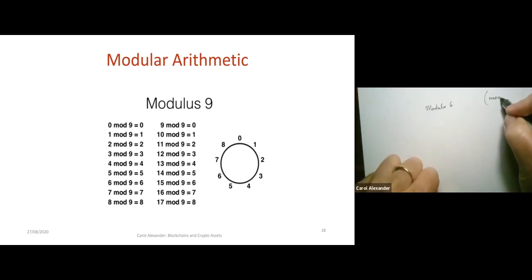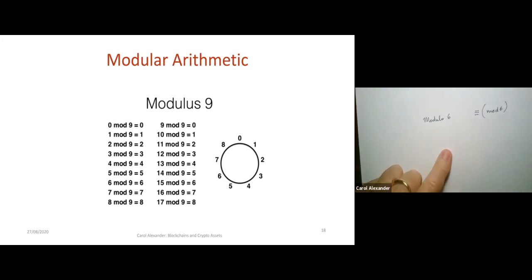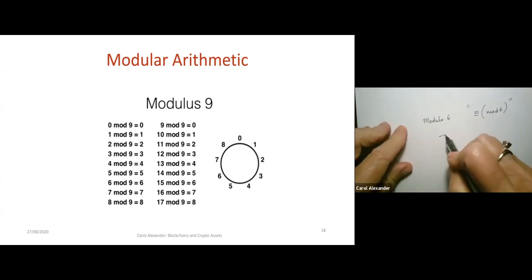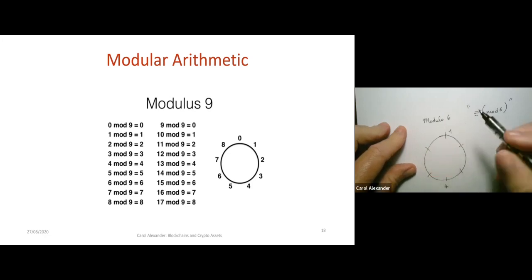Mod 6. And instead of equals, we use this, actually it's called congruent to. So that's the notation. So we go round this way: 1, 2, 3, 4, 5.